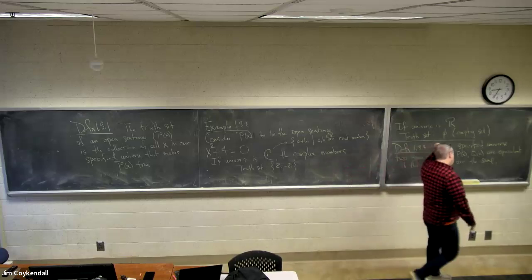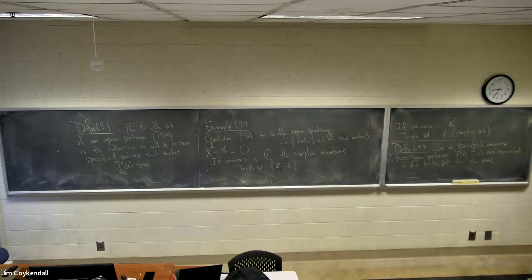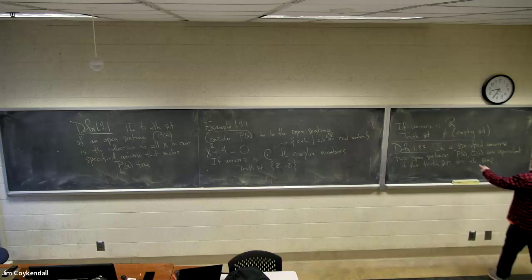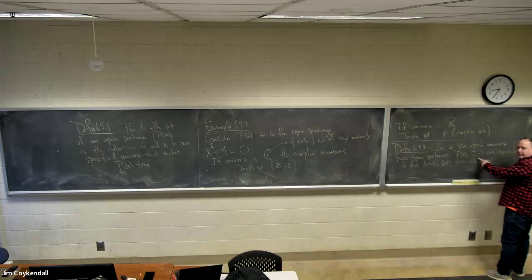So two open sentences are equivalent if their truth sets are exactly the same. Everything that makes P(x) true makes Q(x) true and vice versa. I'm okay with that.